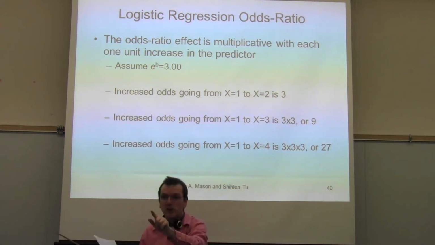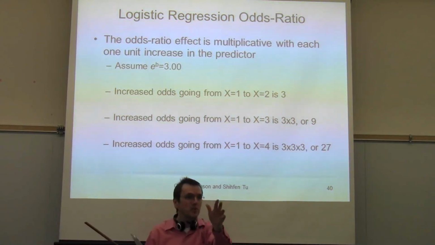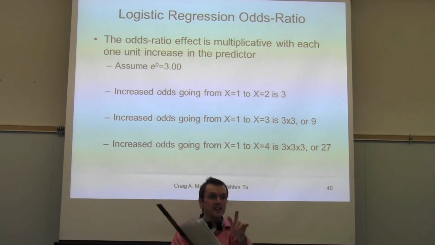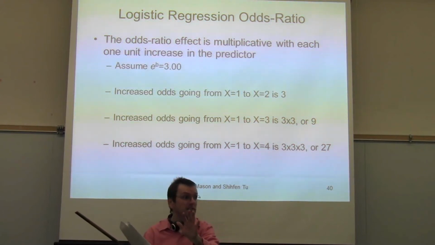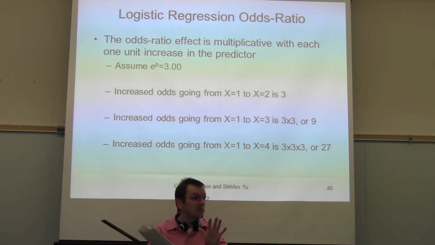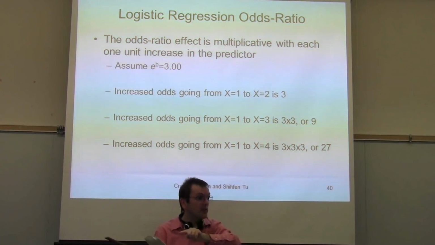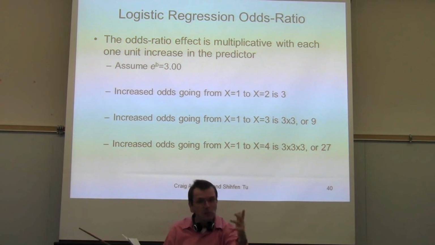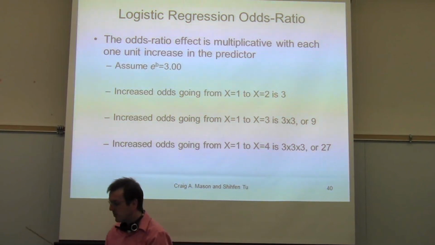Take the odds ratio for 11, 12, 13, 14, 15, 16, and multiply it by itself 6 times. That would give you the increased odds from 10 to 16. You have to play with it a little bit to be able to interpret it clearly.